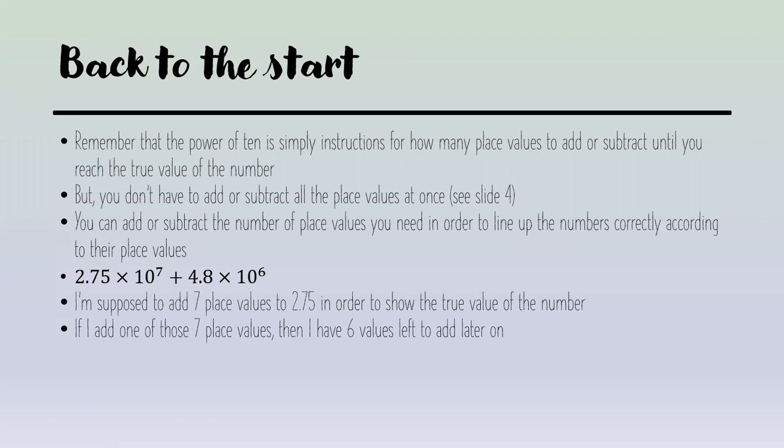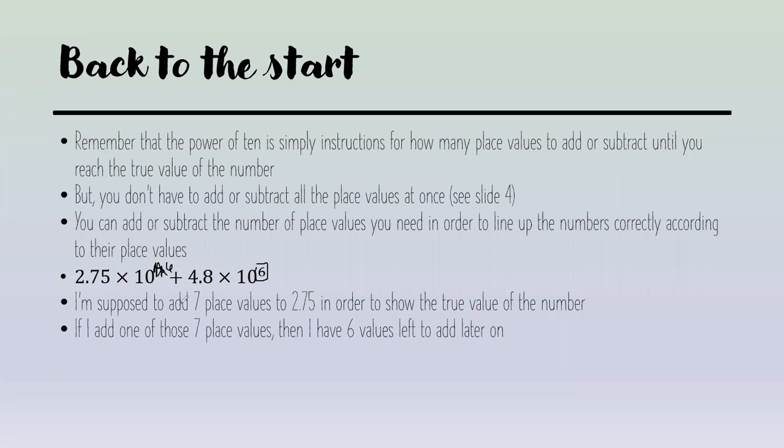So let's say this one is 6 place values. What if I just moved the decimal for this number 1 time? Then instead of 7, I've already used one. I already did one of those.